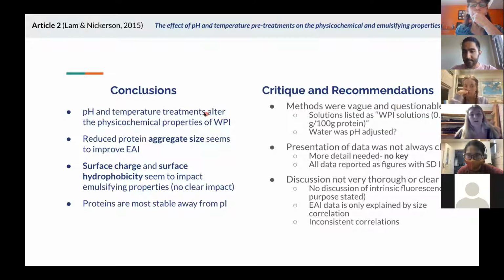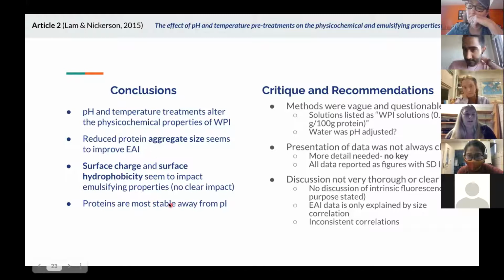So overall, their conclusions were that pH and temperature treatments can alter the structure of whey protein isolate, that reduced aggregate size seems to improve emulsification activity, and that surface charge and surface hydrophobicity impact emulsifying properties, but there didn't seem to be very clear trends, and that proteins are most stable away from the isoelectric point.